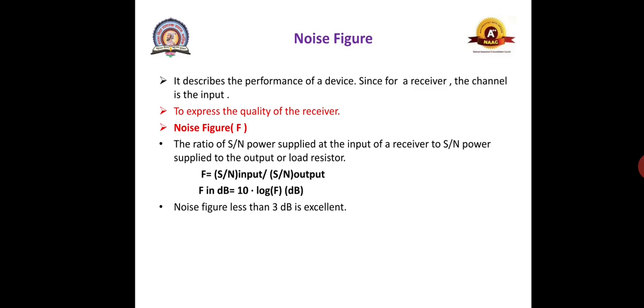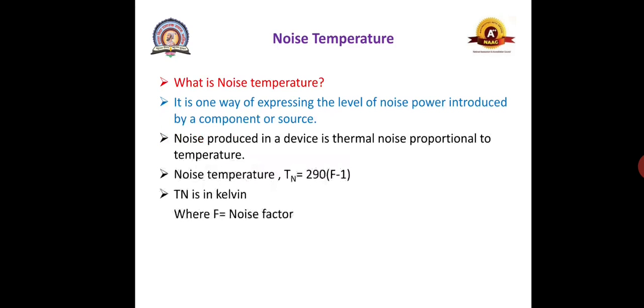As already told, an amplifier or receiver will always have more noise at the output than at the input. This is due to the fact that the amplifier or receiver generates internal noise, and along with the signal, noise also gets amplified. The SNR at the output will be less than the SNR at the input, and therefore the noise figure is always greater than 1.